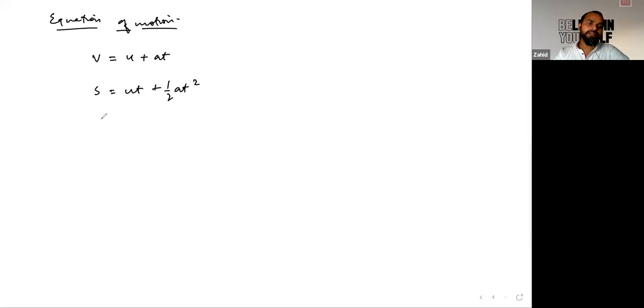So next is equation of motion. You might have learned in class 9 that there are three different equations of motion. First is v equals u plus a times t. Second is s equals ut plus half at squared.